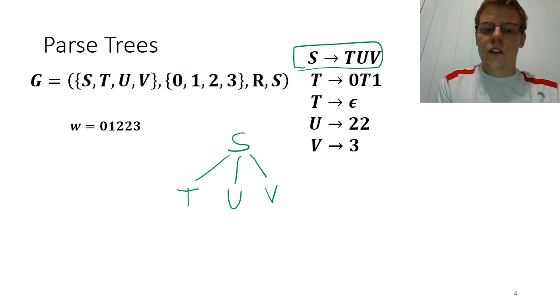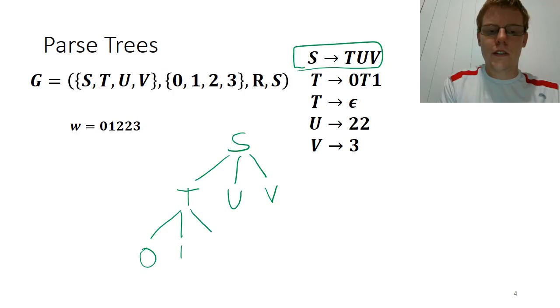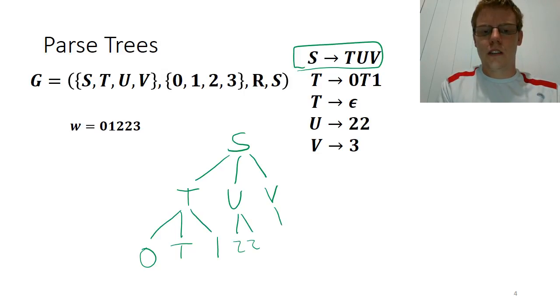So the children of this node S are the parts of the right-hand side of the rule that I expanded it with. So then if I continue on, I can expand the T into 0T1. The U can only expand into 2, 2, and the V can only expand into the 3. And finally the T expands down into epsilon.